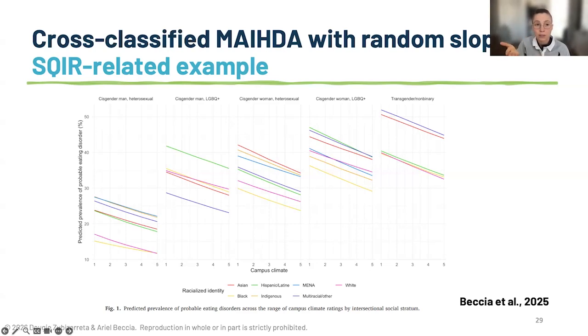So what we're visually seeing here is that for a 1-unit increase towards a friendlier campus climate, that was associated with an 8% lower odds of probable eating disorders, which is quite massive, to be honest. And so importantly, the magnitude of this association varied across strata, with multiply marginalized students experiencing the biggest benefits from attending a very friendly campus. And that is a really important observation to make if we care about equity.